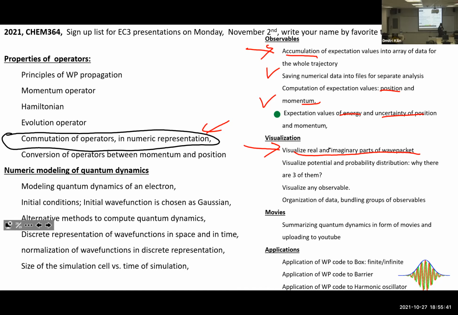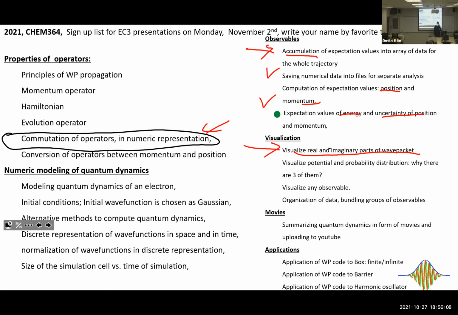Visualize any observable. I think it would be more natural if we just finish now. Are there any objections? Okay, I think we did two thirds or more than two thirds, and then we will do the rest on coming Wednesday.